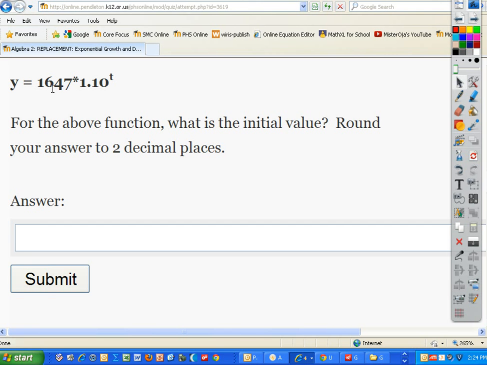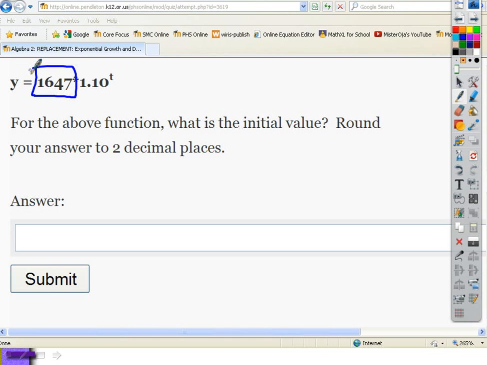No. You have to follow order of operations. So you're going to do exponents first. So you take 1.1 to the 5, let's say, and then multiply that times 1647. Okay? All right. So that answer is that.